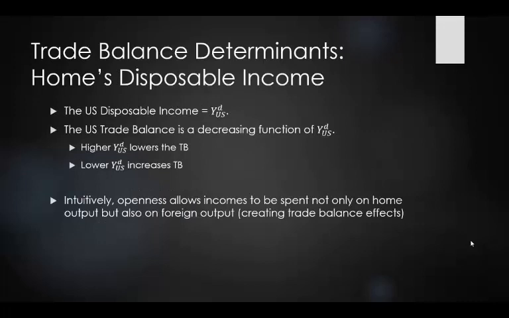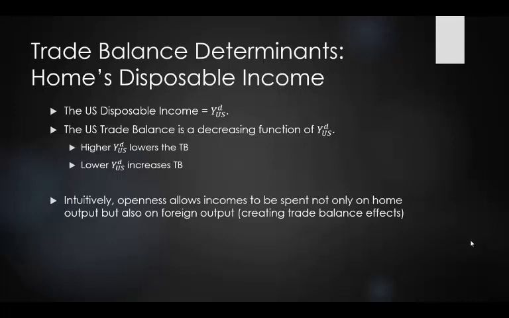How does the home country's disposable income influence the trade balance? Clearly, the higher the incomes after taxes, the greater will be spending levels on all goods and services, not just domestically but also abroad.